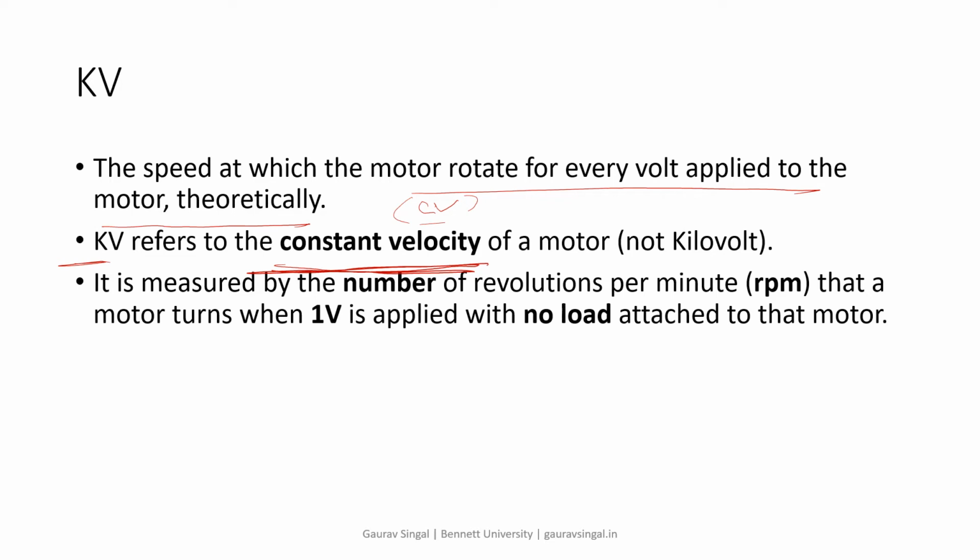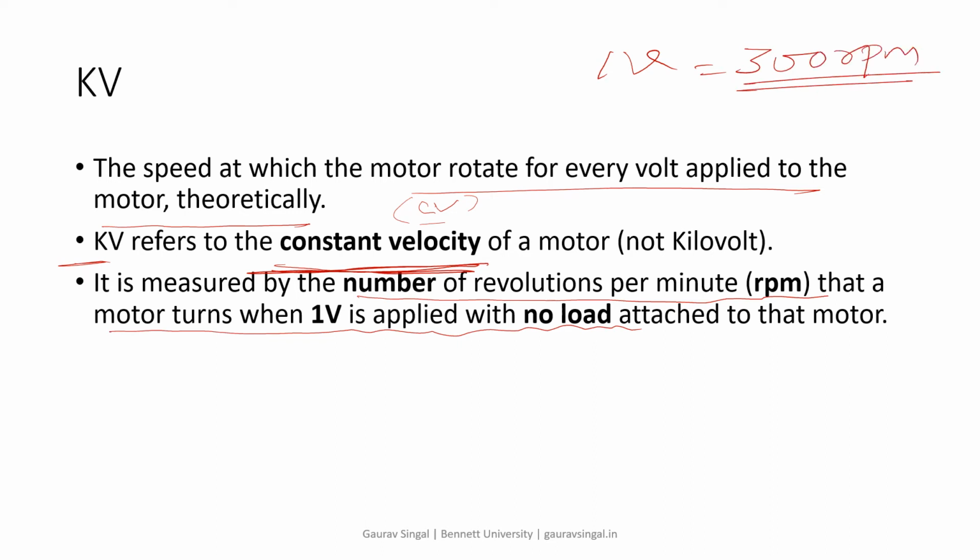It is measured by the number of revolutions per minute that a motor turns when 1 volt is applied. Suppose at 1 volt it gives you 300 rpm, then we can say it's around 300 kV.